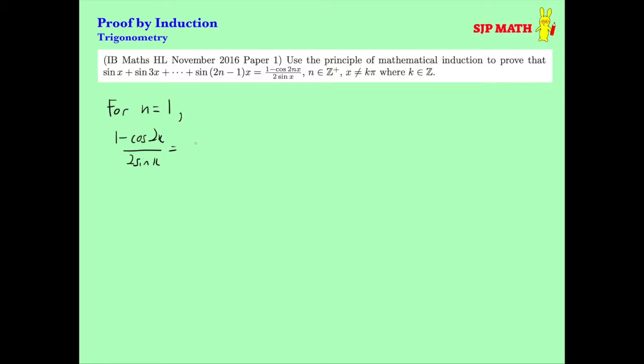Cosine 2x is just equal to 1 minus 2 sine squared x, so the 1s cancel out, and we get 2 sine squared x over 2 sine x, which is just sine x. Simple algebra to see that this is equal to sine x, and the left-hand side for n equals 1 would just be sine x. So we proved it true for n equals 1.